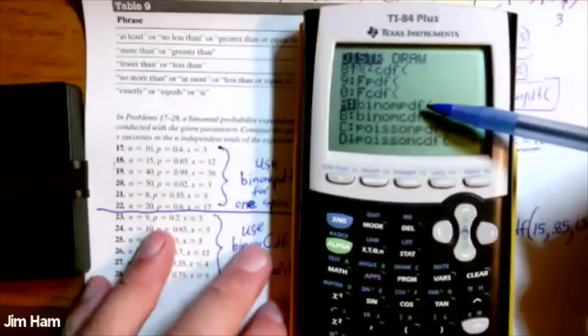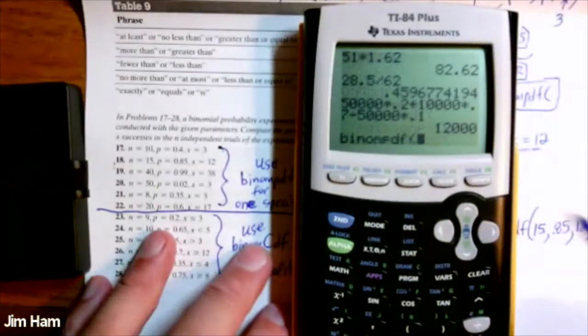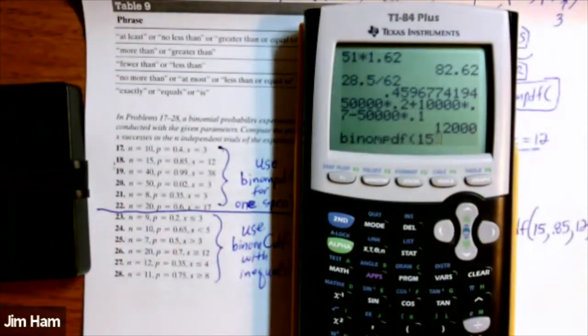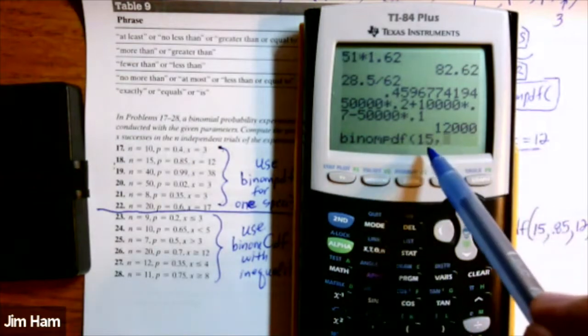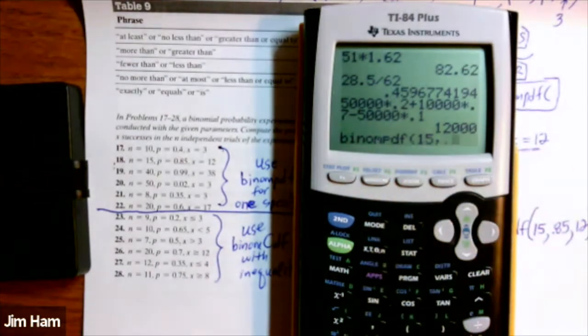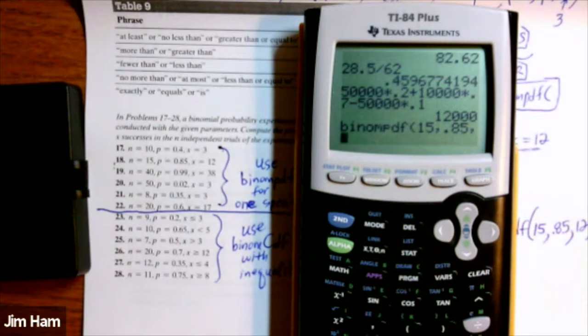So I'm going to select option A, and then 15. If you get the menu where it says the number of trials, you put 15. For me, I just enter it all in. I know that n comes first, and then p, 0.85. So then you would say the probability, the p, is 0.85. And then they're going to give you the x.